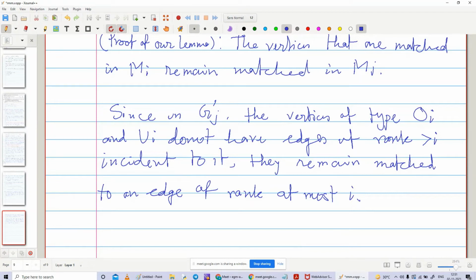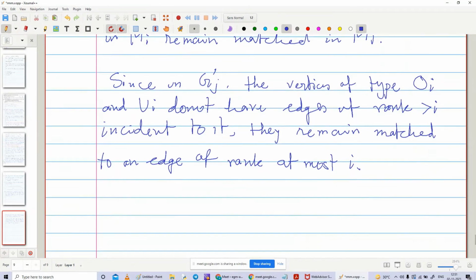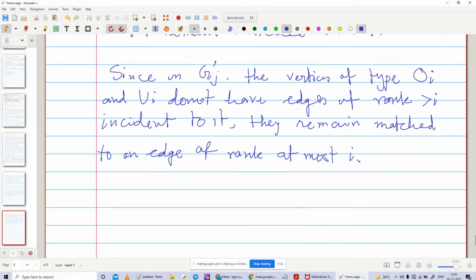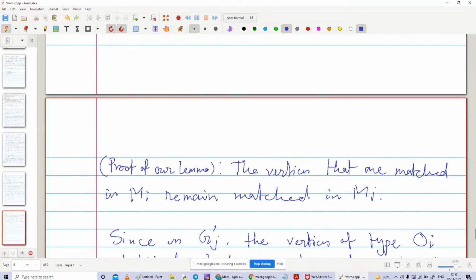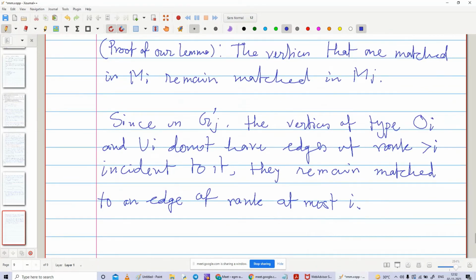So those vertices cannot have any edge of rank greater than i in G prime j also. So they only have edges of rank at most i, and I have already shown that if a vertex is matched in some graph and we apply only augmenting paths on that graph, then those vertices will remain matched. So the vertices of type Oi and Ui will remain matched in G prime j, and they will be matched to an edge of rank at most i. Okay.